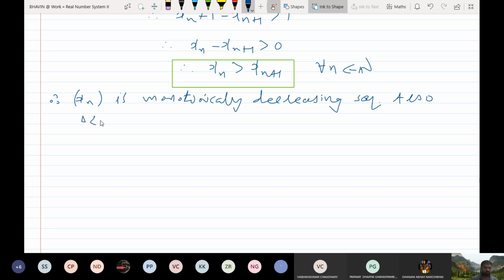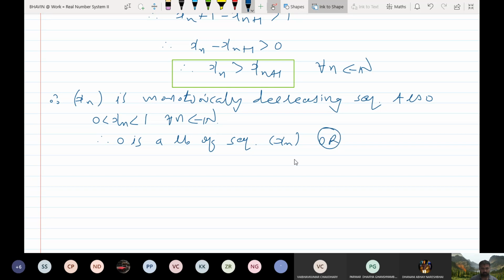Also 0 less than xn less than 1 for every n belongs to N. Therefore 0 is a lower bound of the sequence xn, so it is bounded below.